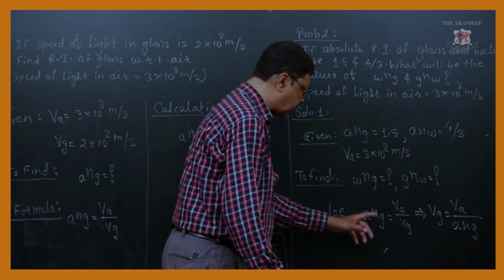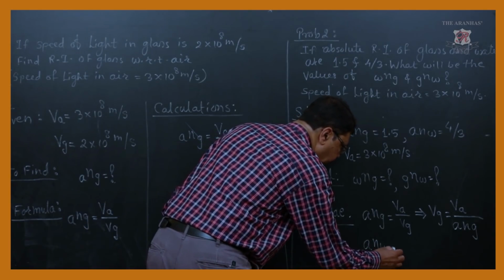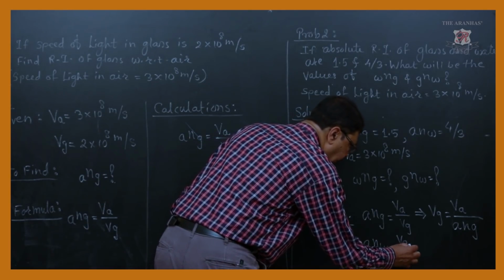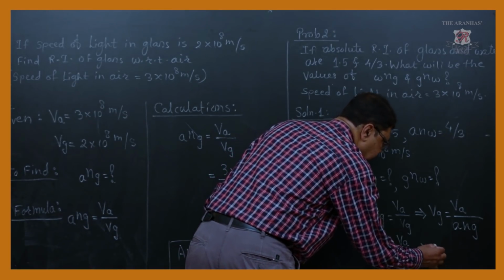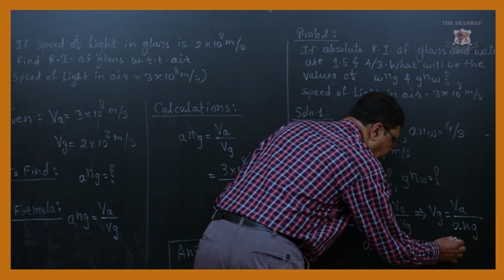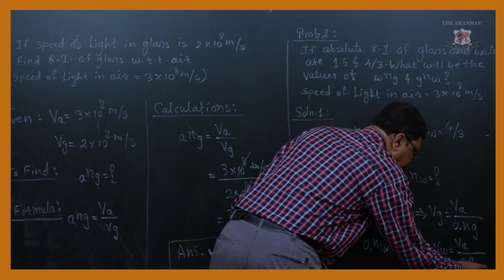Just shift this. Second formula, I know a_n_w equal to Va upon Vw, implies Vw equal to Va upon a_n_w.